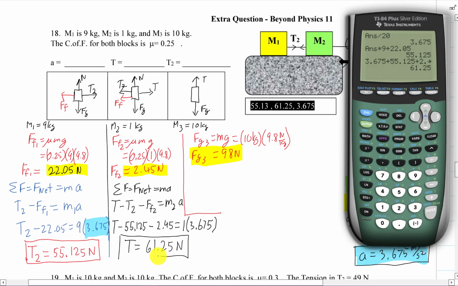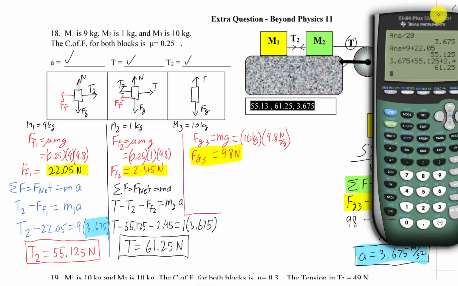So we have solved it. We have the acceleration, we have the tension, and we have tension 2. So we'll just use the last one as the check because we have all of it. But we'll do it. Okay, this also it's good practice. This is an up and down, and it's accelerating downwards. So we write out Newton's second law.